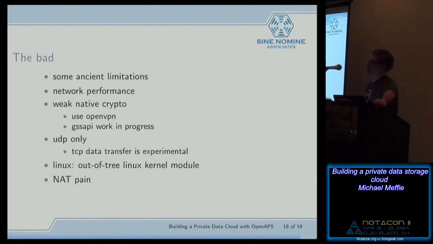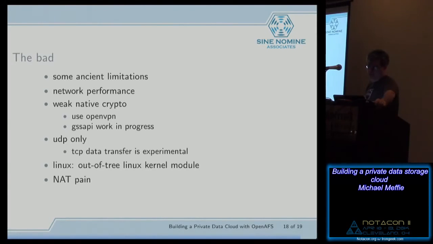This is for the clients only, not the servers. A client could be a web server, for example, if you're serving web data over AFS. So that could be a problem. There is actually an in-tree AFS client, but it's still a work in progress. It's considered experimental.